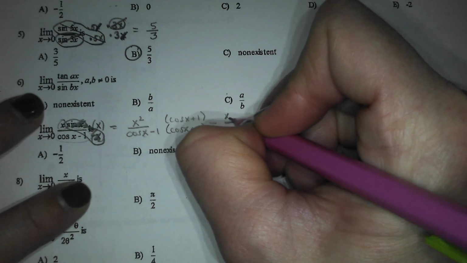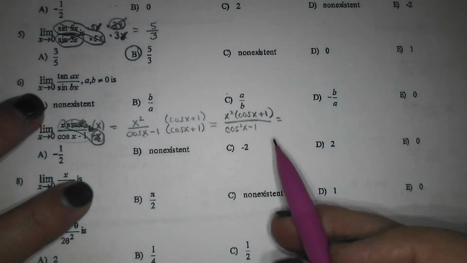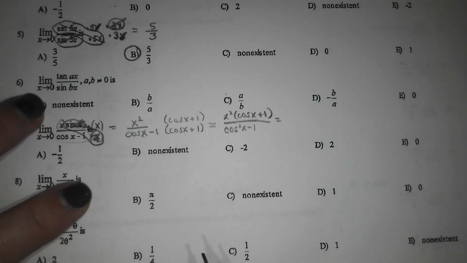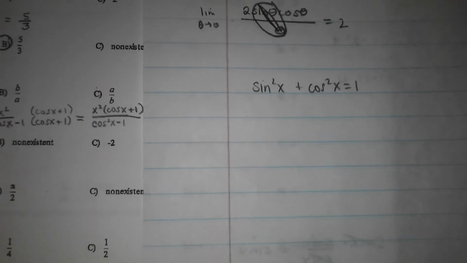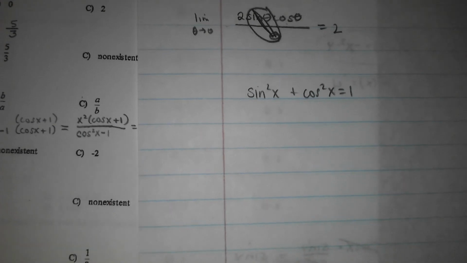Good. And from your Pythagorean identities, what is that? Remember your Pythagorean identities, sine squared plus cosine squared equals 1. So if I was looking to replace cosine squared x minus 1, what could I replace that with?